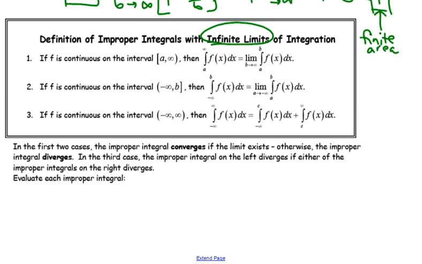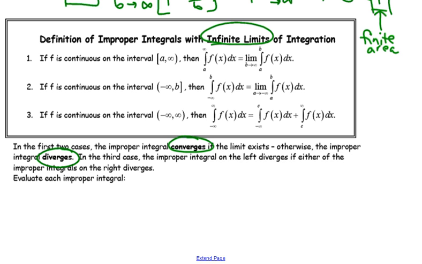First of all, if you are approaching a finite area, then we call the integral convergent if the limit exists. Then if the integral approaches infinity or oscillates, or in other words, the limit does not exist, then we call that integral divergent.